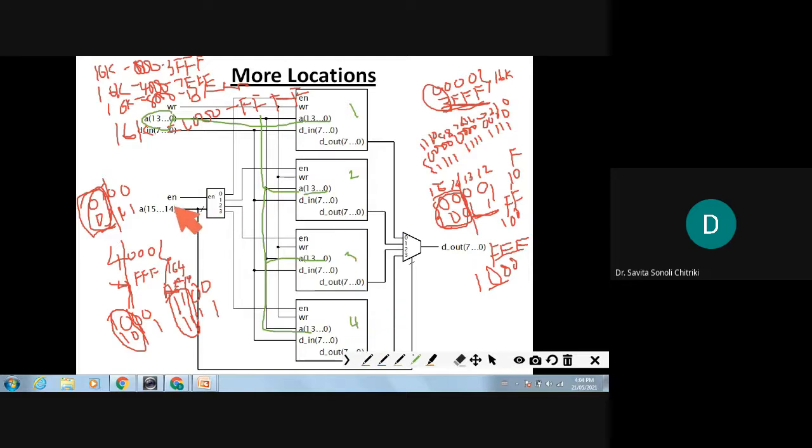Whereas A14 to A15 lines are being connected to the mux here.